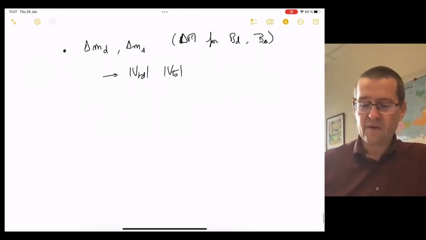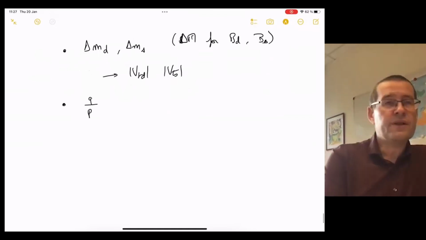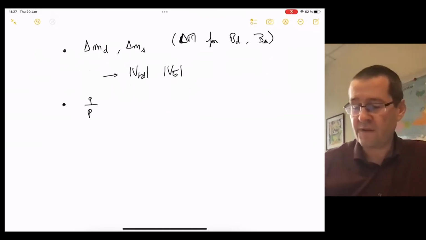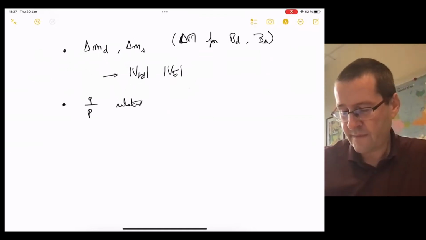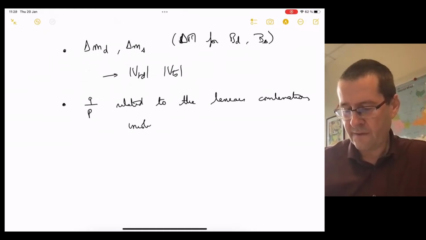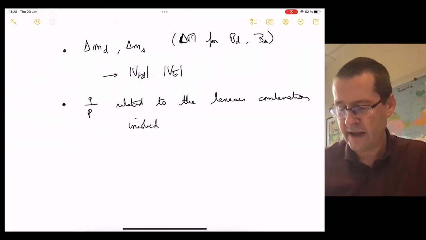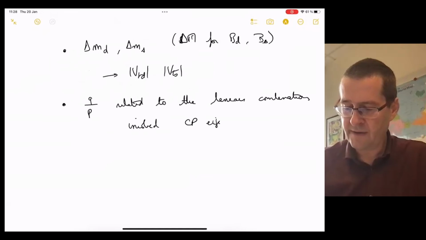But as we discussed, you also saw appearing this quantity Q over P, which is related to the linear combinations involved when you're making the connection between the CP eigenstates and the mass eigenstates.